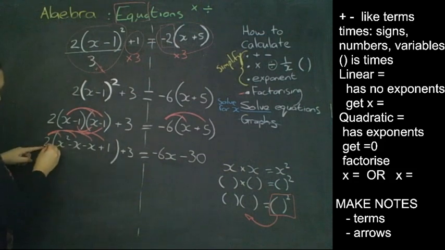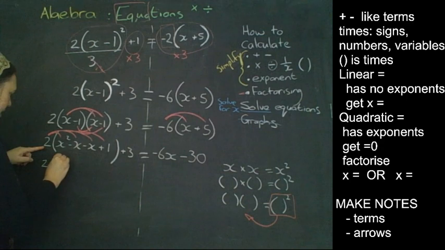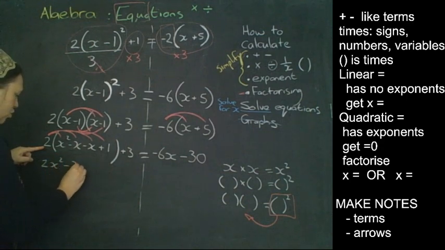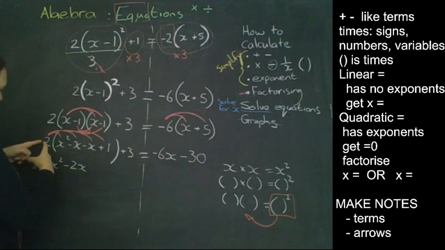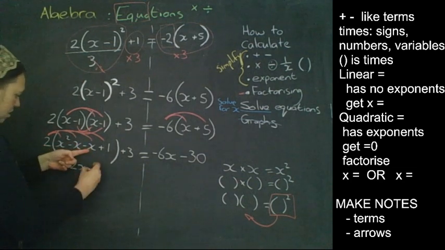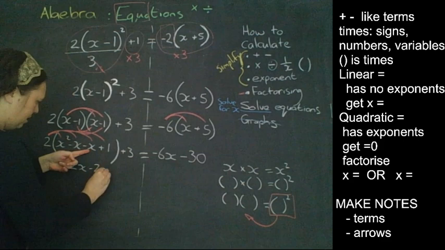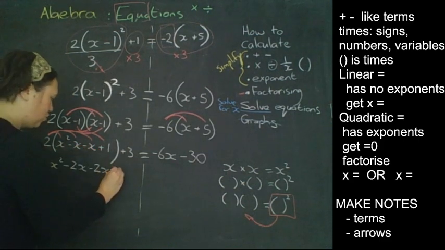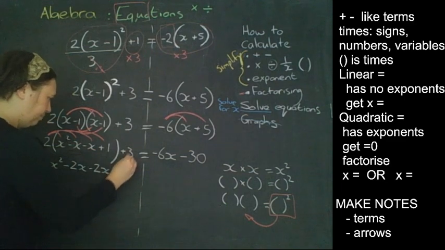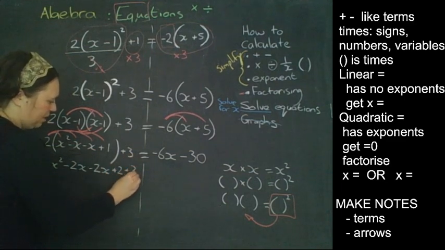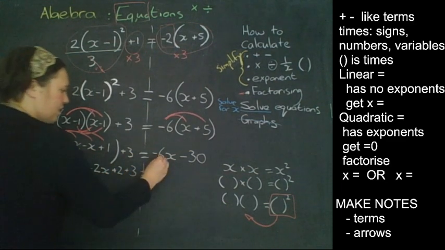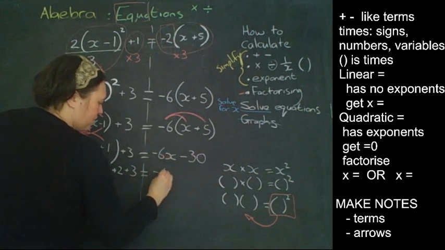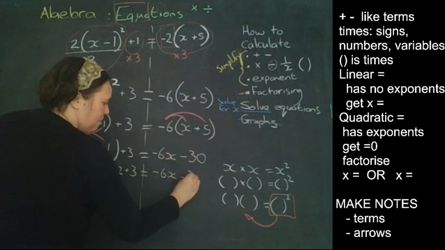So now we've got 2x squared minus 2x, so that one and that one, minus 2x for that one, and then 2 times 1 is 2. We still have that 3, don't forget about that one. And on this side, we didn't change anything right now, so it stands exactly the same as it is.